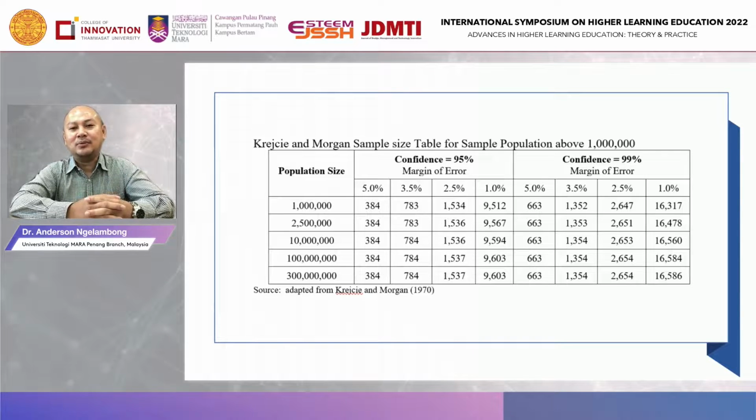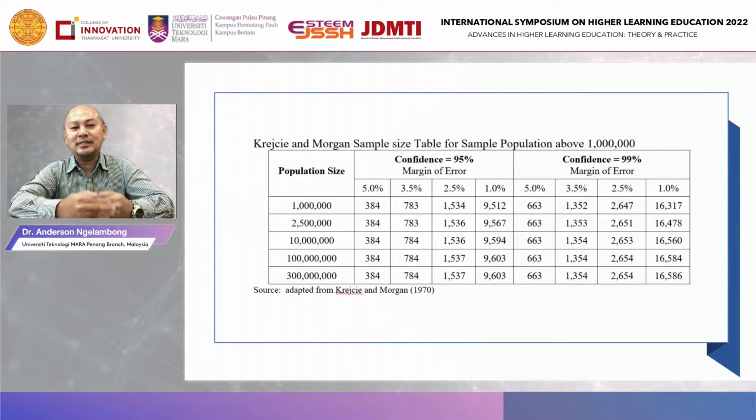This table was made in 1970. It shows the population size, the confidence level and the margin of error. You can see it goes up to 300 million, and you can see the number you should require for the sample size.